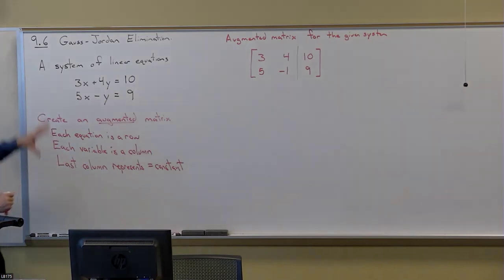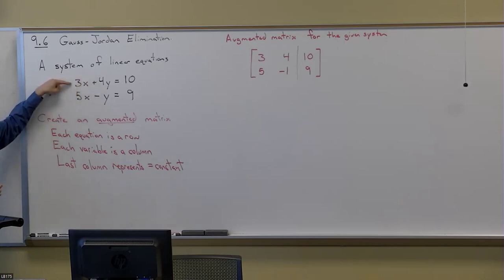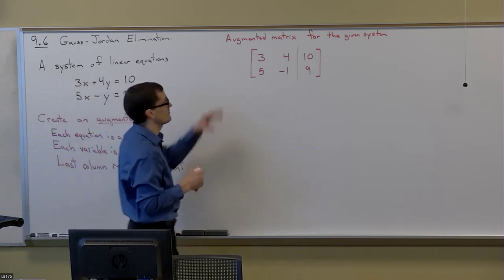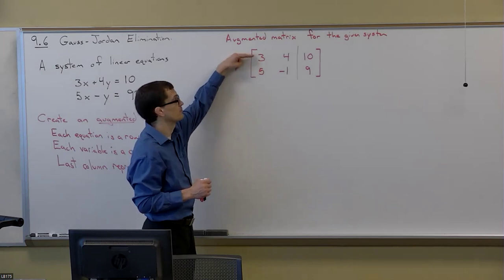Now, normally when we solve this system of linear equations, since it's lined up, we probably use elimination. And let's say I wanted to eliminate the y's. Well, I multiply the top equation by 1, the bottom equation by 4, right? And then add the two equations together. Well, there's a whole process of doing that on these rows.